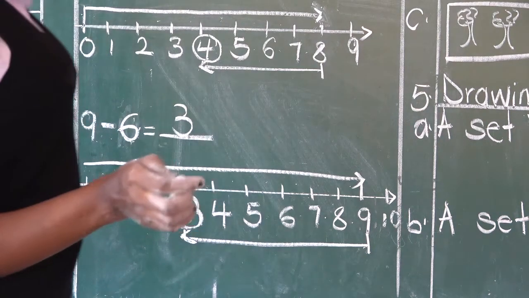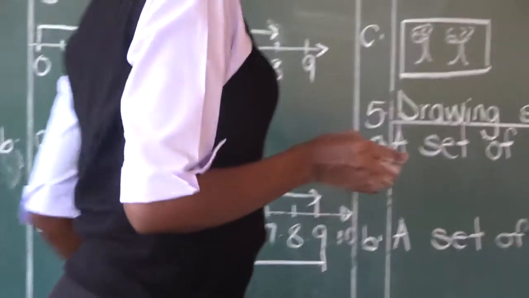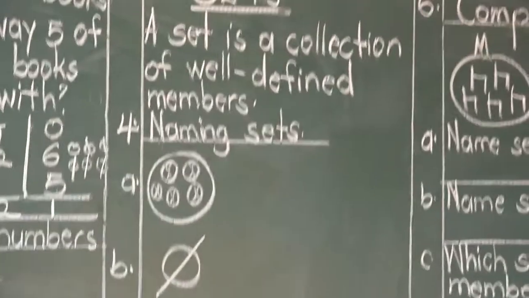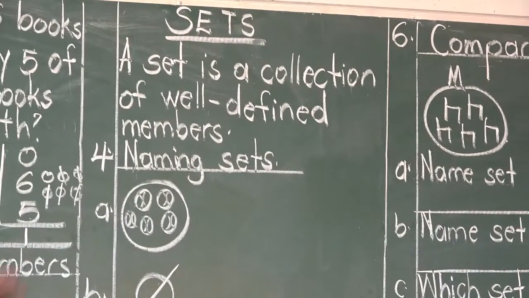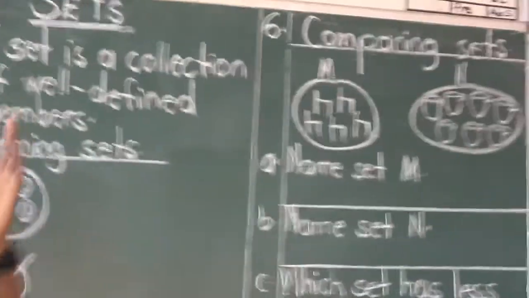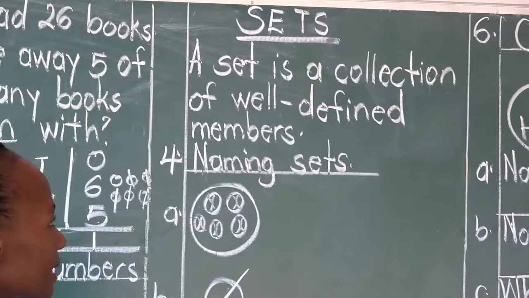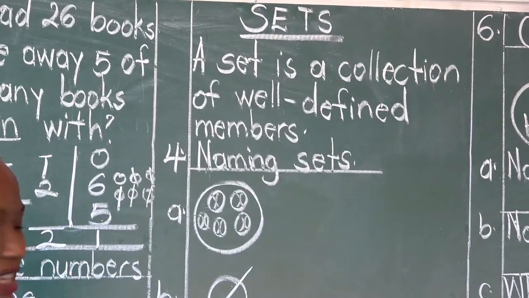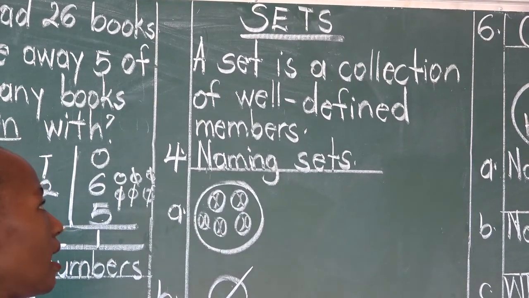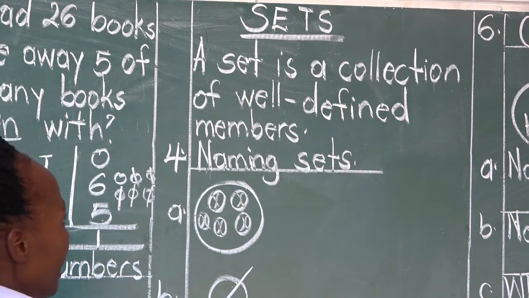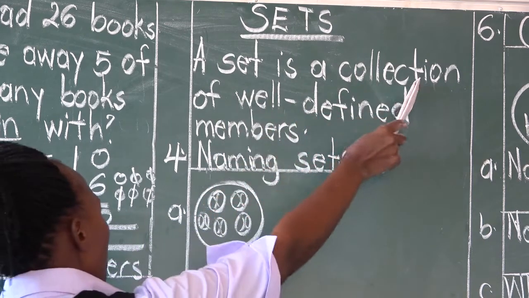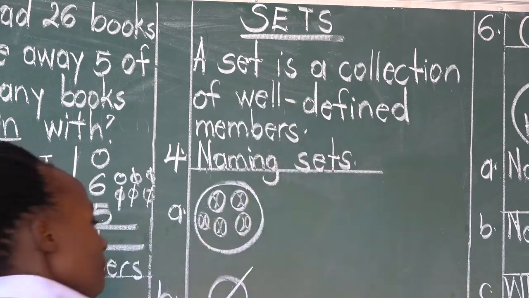Okay, now away from this, we are going to look at sets. You learned about sets in top class. Now here we are also going to remind ourselves on sets. If I ask you, what is a set? You will say a set is a collection of well-defined members.